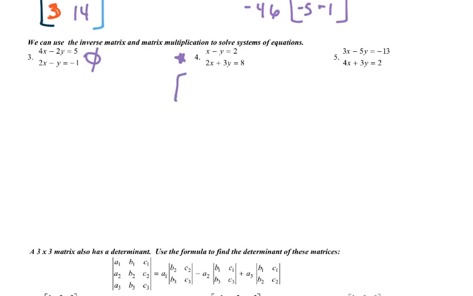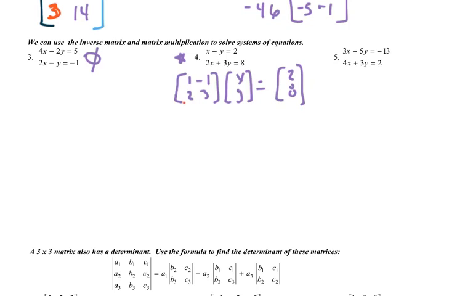So we're going to rewrite the problem as a matrix problem. 1, -1, 2, 3. And then if we multiplied that by the column matrix xy, we would get the column matrix 2, 8. This is just basically representing the problem in a different way, right? So now what I'm going to do is multiply both sides by the inverse of the matrix. Just like we would solve any question in algebra by multiplying both sides by the inverse or adding the inverse, same thing.